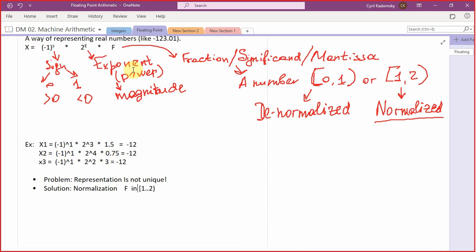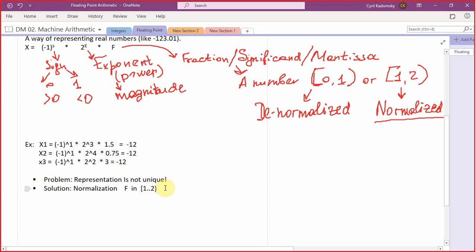So we narrow the range in which this f value can vary. How does it influence our problem? Actually, if you look at these different representations of 12, you will see that only one of these examples really matches this rule. Only one, the first one, right? Here the fraction is lower than 1, here it is bigger than 2.